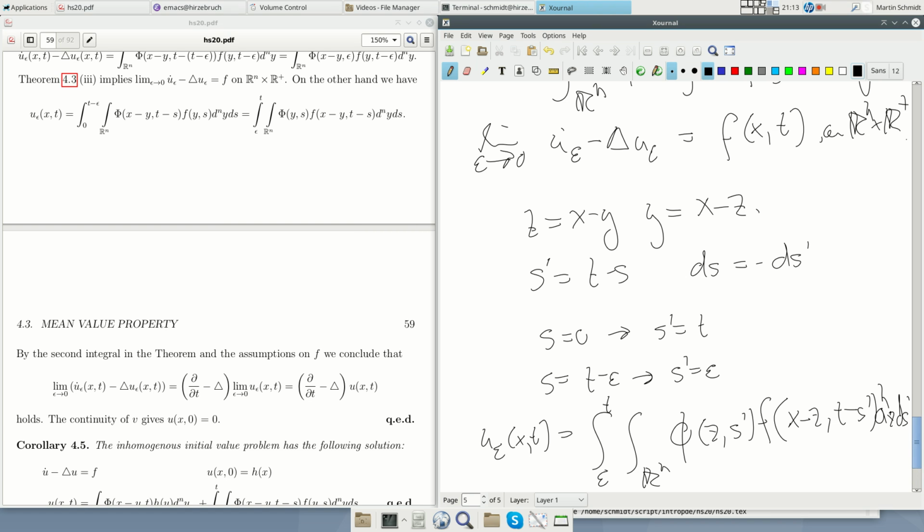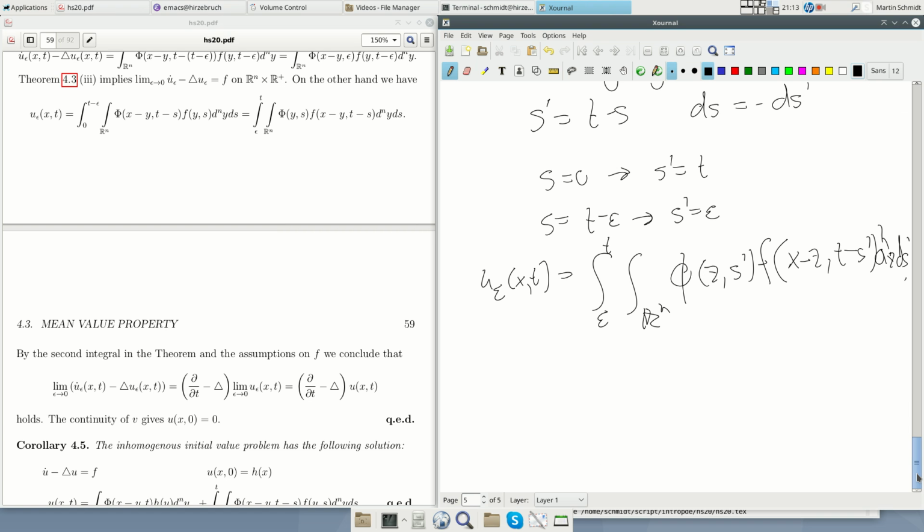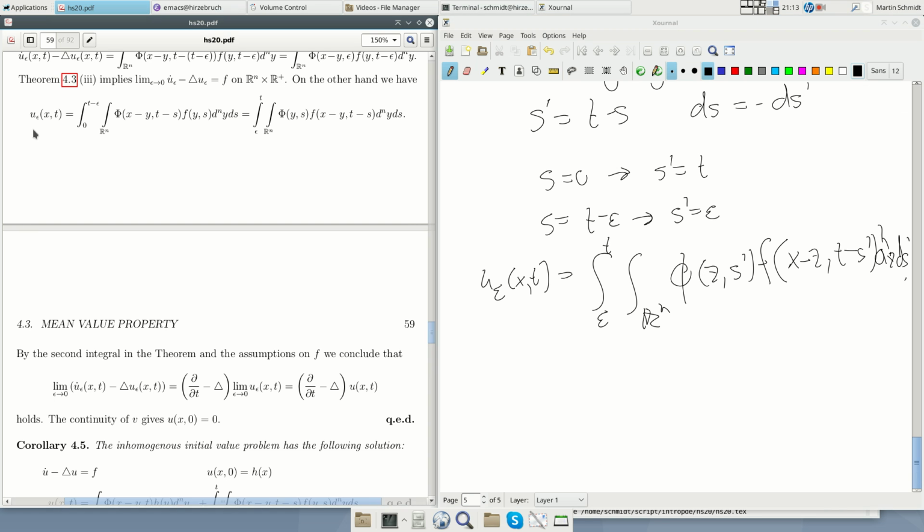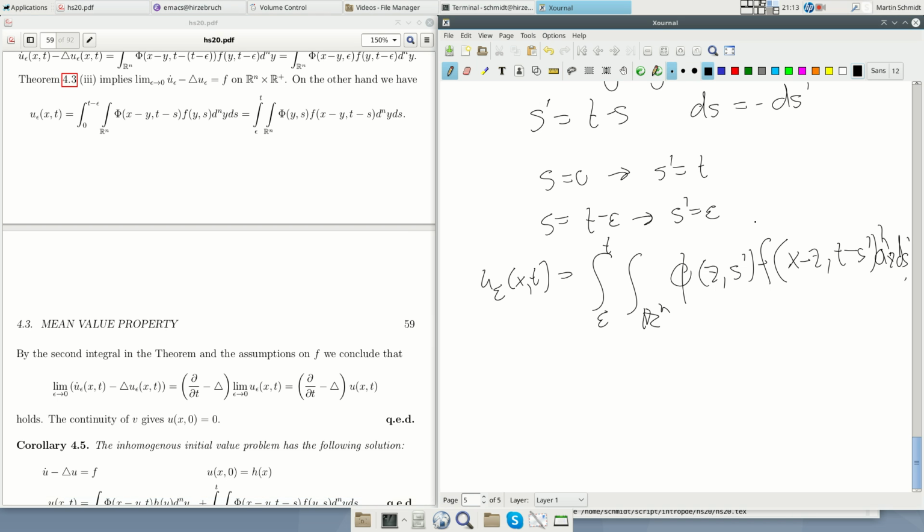Okay, now we want to calculate the limits of the derivatives.